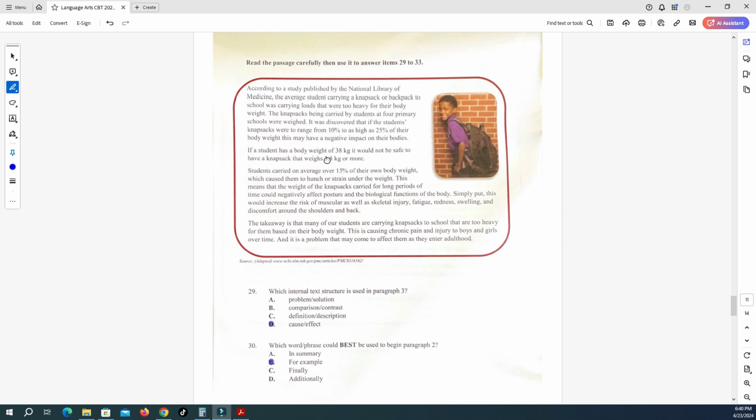If a student has a body weight of 38 kilograms, it would not be safe to have a knapsack that weighs 3.8 kilograms or more. Students carried on average over 15% of their own body weight, which caused them to hunch or strain under the weight.